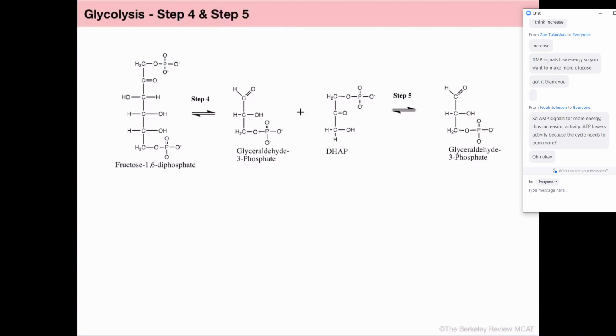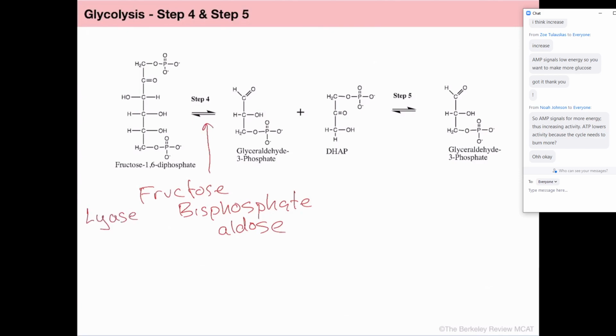Step 4 is fructose bisphosphate aldolase, and this is actually a lyase, which is the non-hydrolytic and non-oxidative cleavage of single bonds to form a double bond.